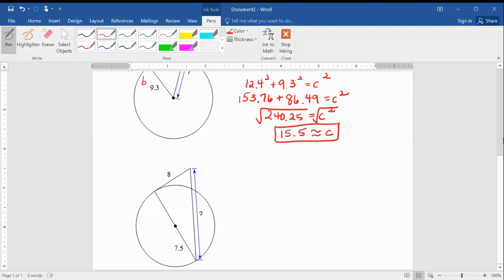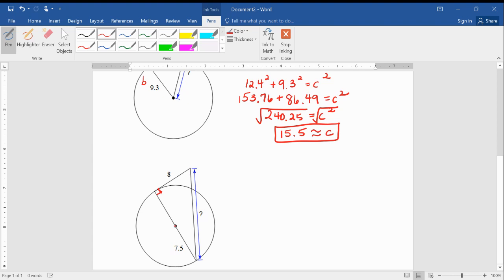This one is similar, but we are not actually looking at exactly the same thing. All right, so we've got a segment here. Your tangent is 8. It is still intersecting this radius. Actually, now it's a diameter of 7.5. So we still have a right triangle here, but this time we're just told this little piece right here is 7.5.